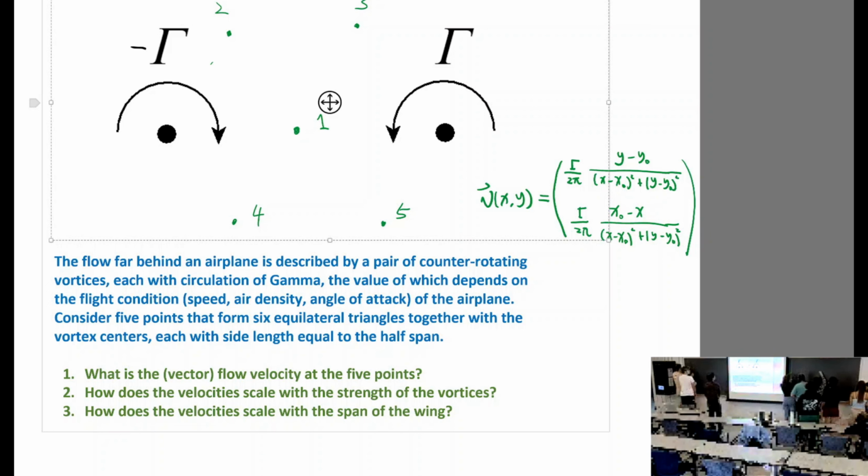X minus X naught, so X minus V over zero. Like for each of these, one for this one and one for this one.